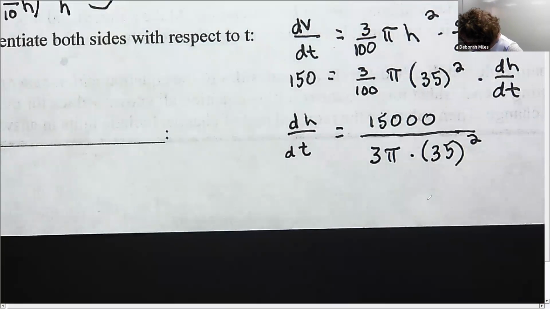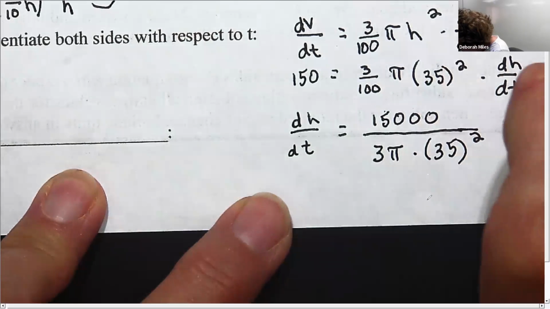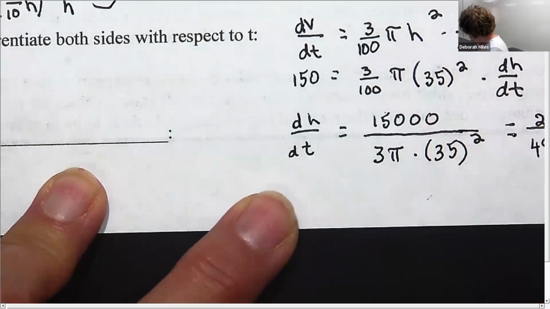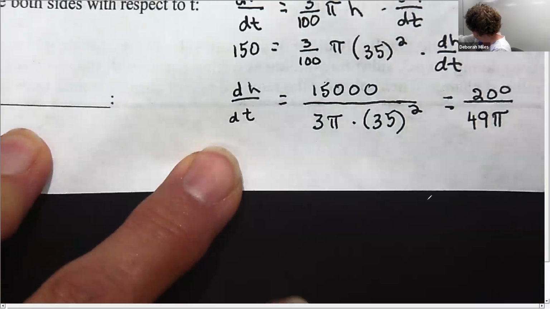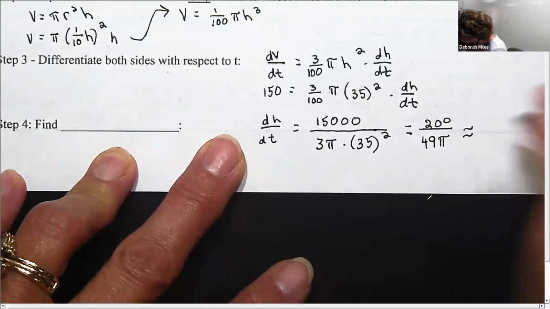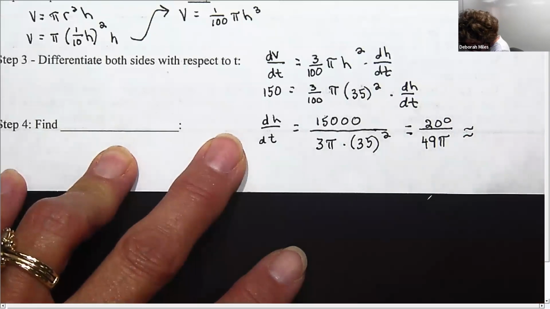I went ahead and punched that on the calculator. It reduced to 200 over 49 pi. If a decimal approximation is good enough, you can punch it on the calculator and get about 1.3 inches per second.